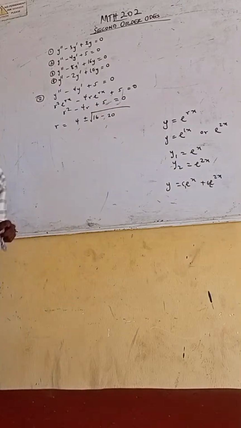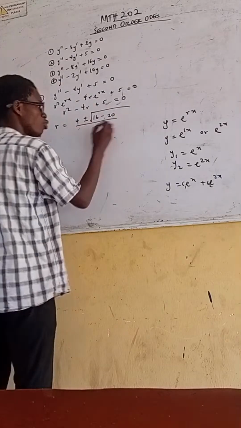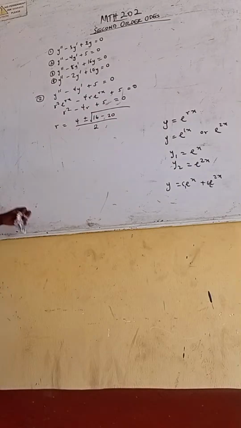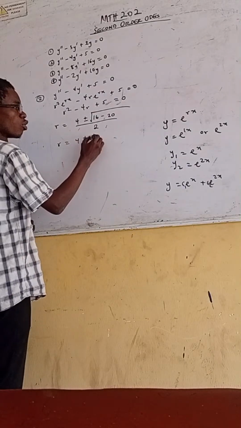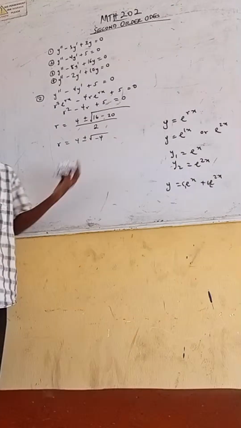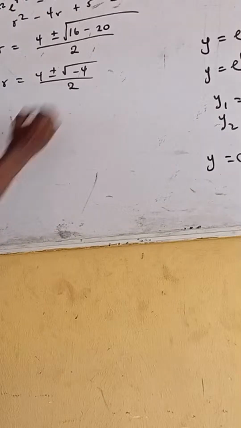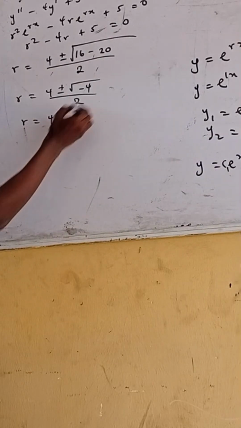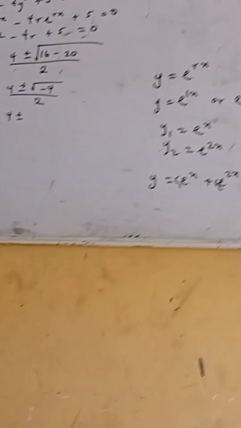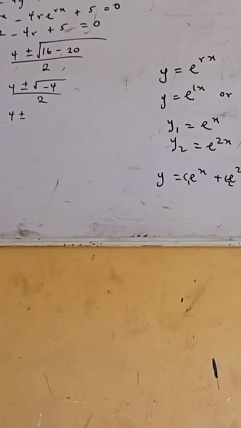Our a is 1, so 2a is 2. So r equals 4 plus or minus the square root of minus 4, over 2. So our r equals 2 plus or minus i, since the square root of minus 1 is i.